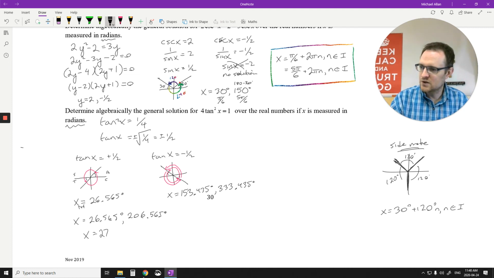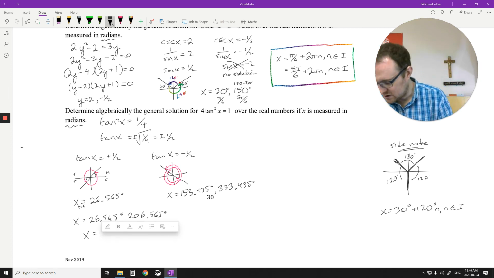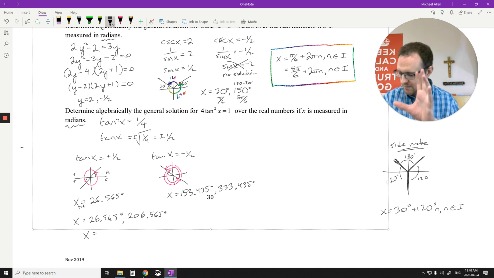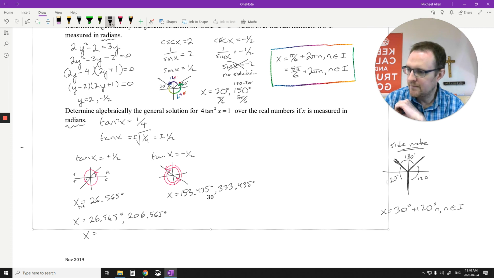I'm going to go to the nearest radian here, so let's change this to a radian. This as a radian, times it by pi divided by 180, is 0.46.